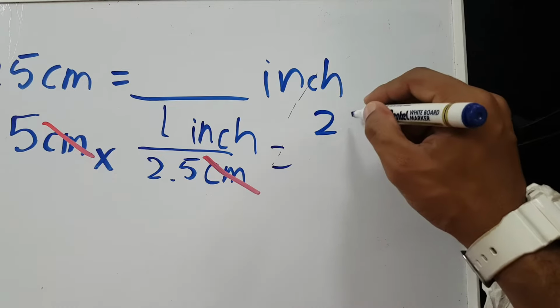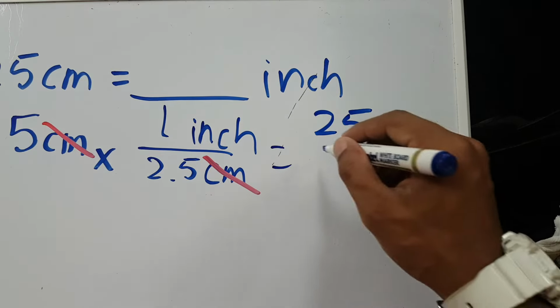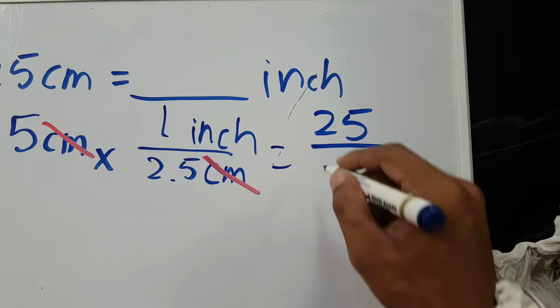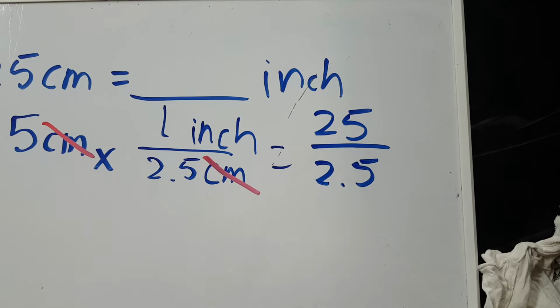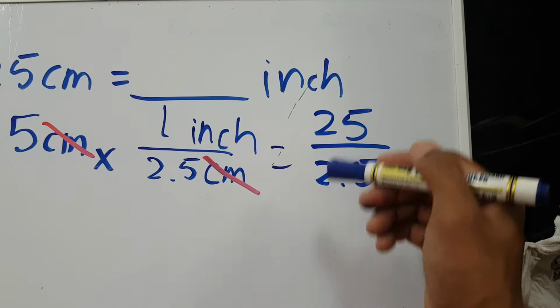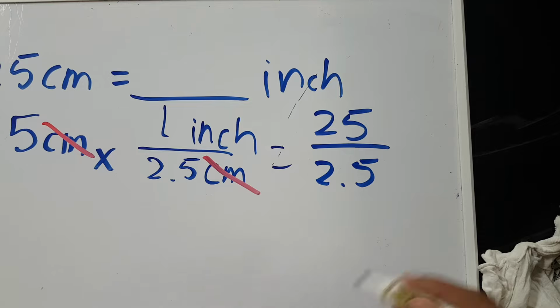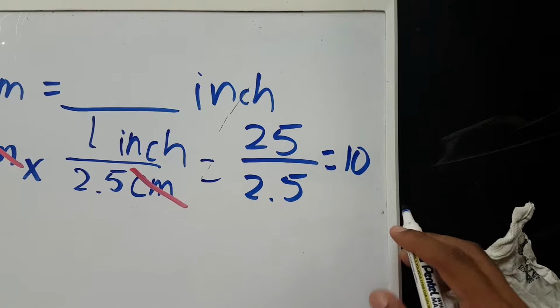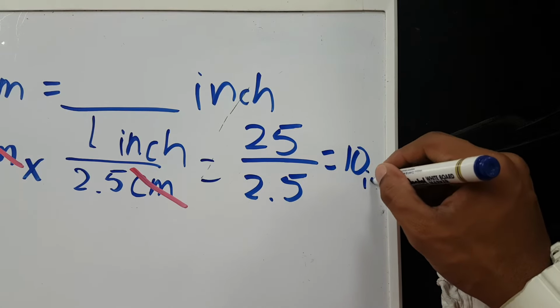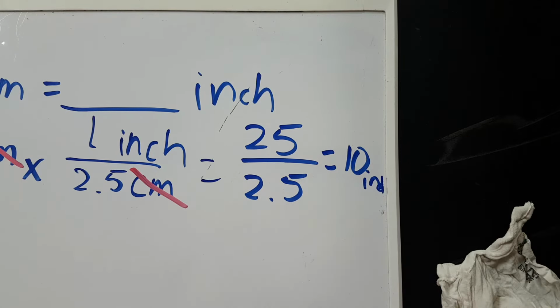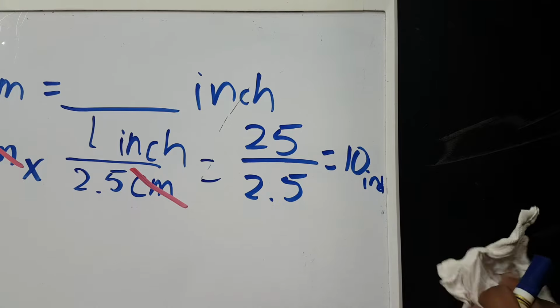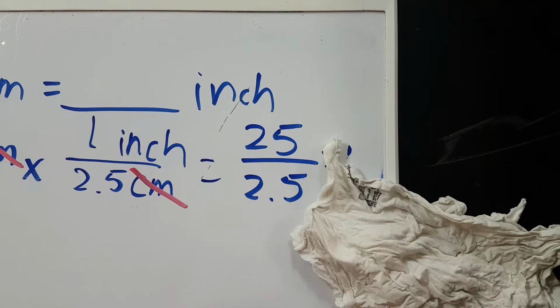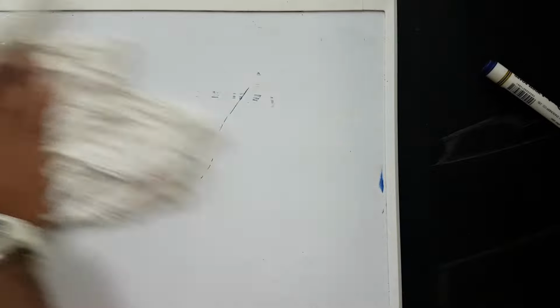That is 25. And then we just move this over, 2.5. 25 divided by 2.5 is going to give us approximately 10 inches. Sorry, can't fit, but you get the idea. 10 inches.